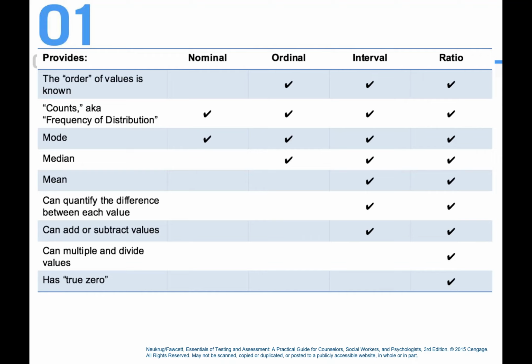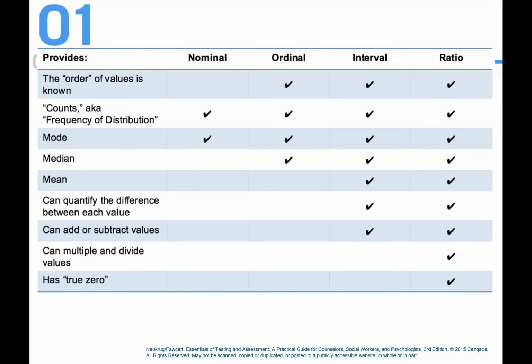What I can't do for nominal is calculate a median. Remember, the median means the middle number. There's no middle between categories on a nominal scale. There's no middle eye color. Either you have brown eyes or blue eyes.